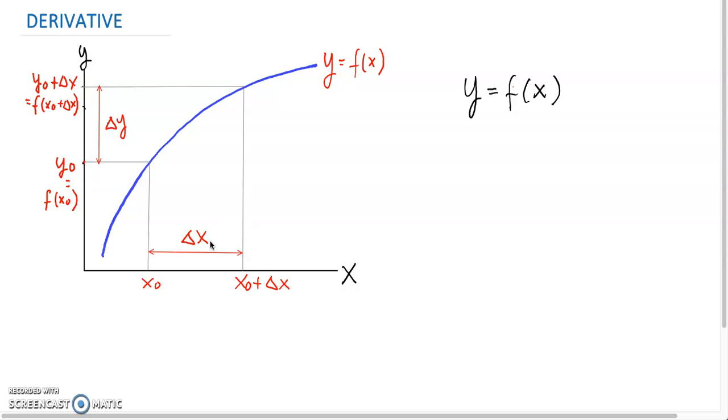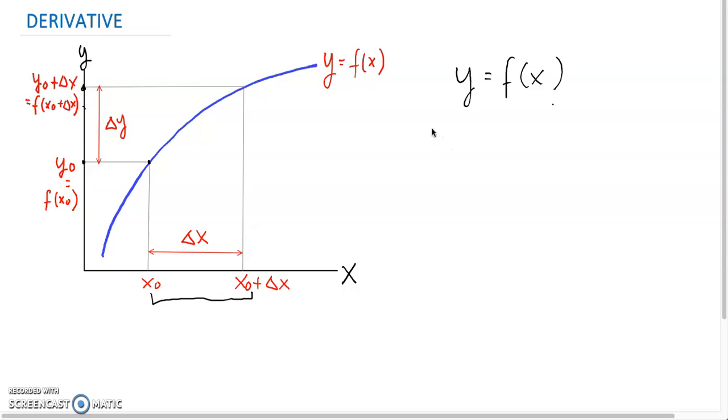From the figure here, we have that in the interval between x null and x null plus delta x, f(x) changes from f(x null) to f(x null plus delta x).